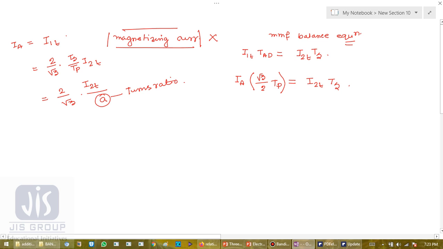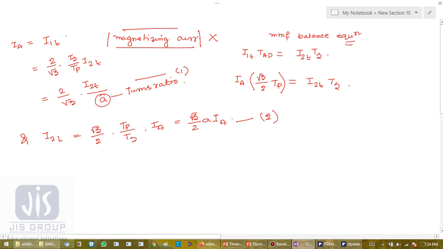Okay, and I2T equals root 3 by 2 into TP by TS into IA equals root 3 by 2 IA. So we got these two equations. Okay, let me name them 1 and 2.